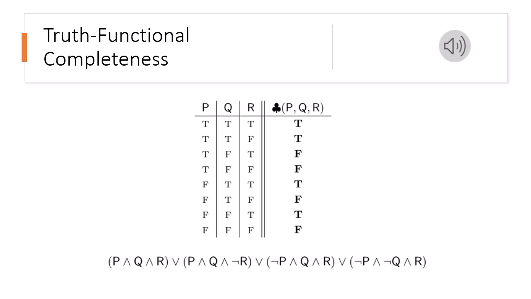Now, the thing to recognize is that that statement on the bottom doesn't have any strange connectives, like this club or some other strange truth-functional connective that we might be interested in introducing. It just has conjunction, disjunction, and negations in it.